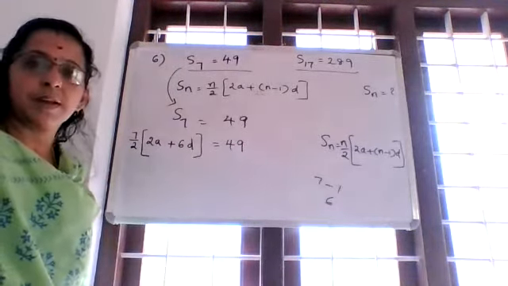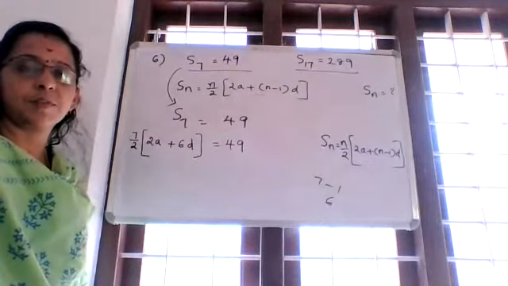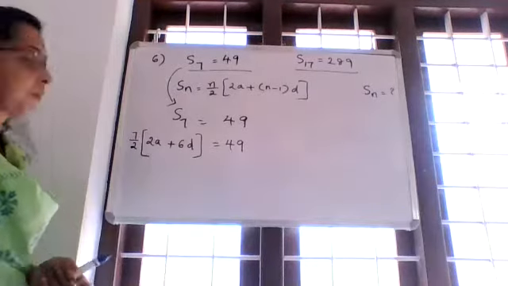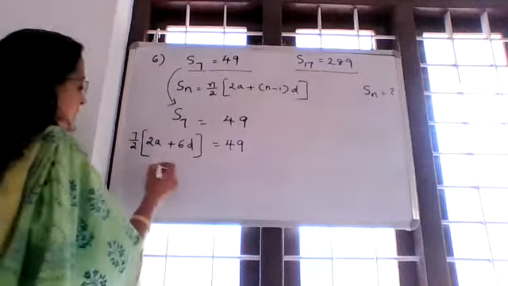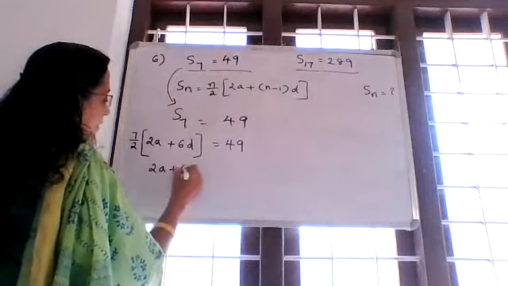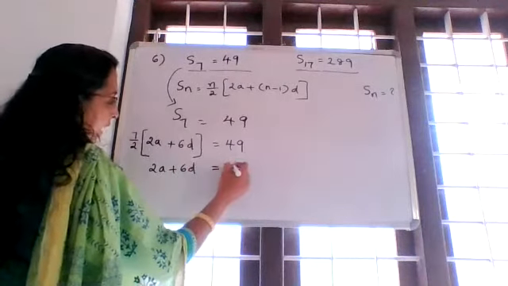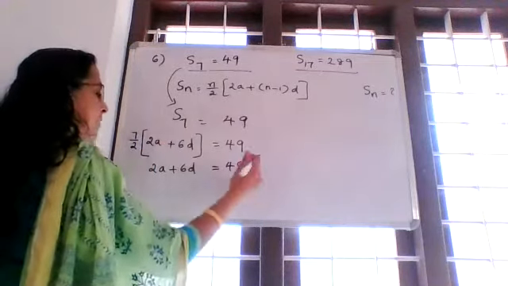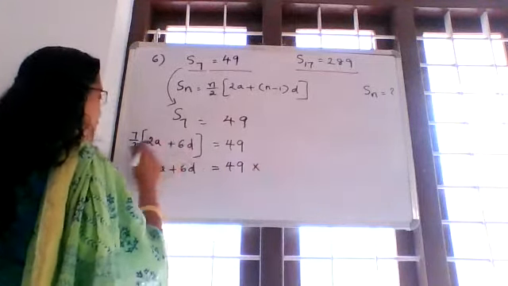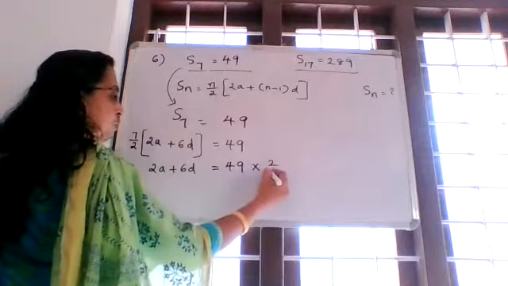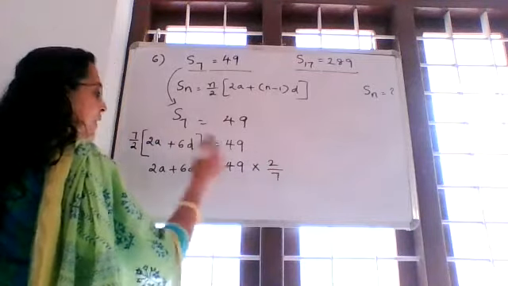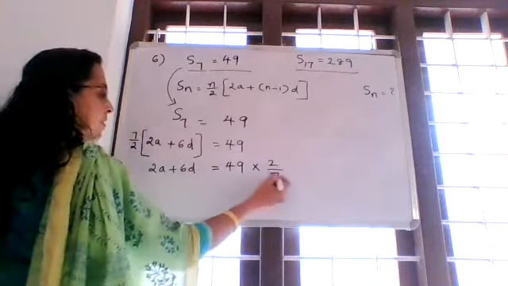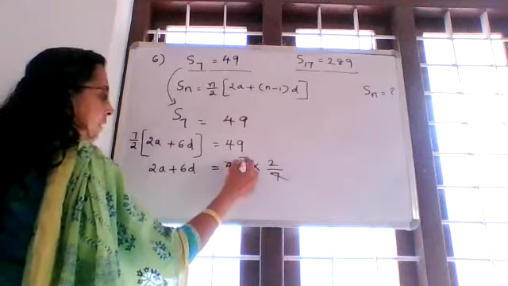Then write down: 2a plus 6d is equal to 49. Take 7 by 2 to the right side, it becomes 2 by 7. Then 7 and 49 cancel, 7 times.